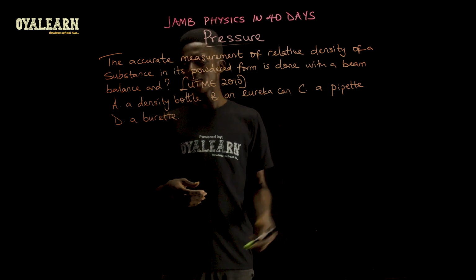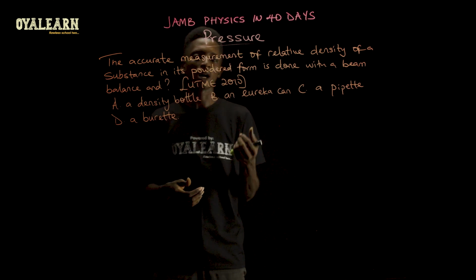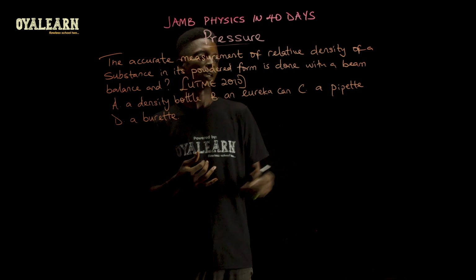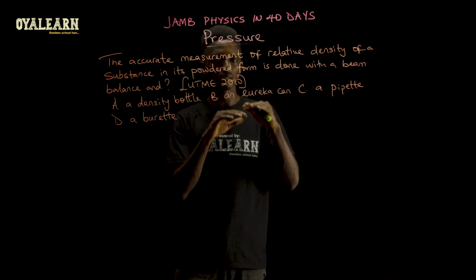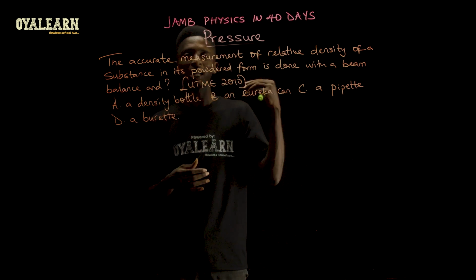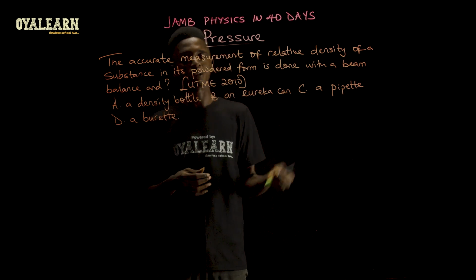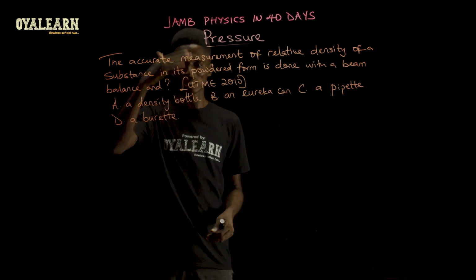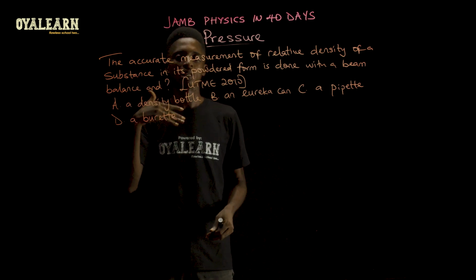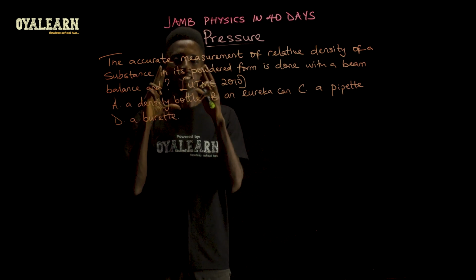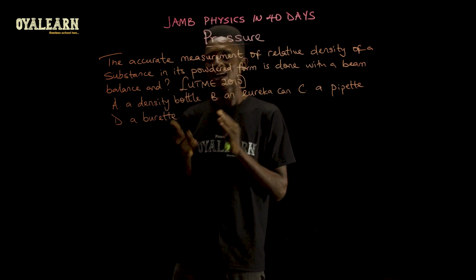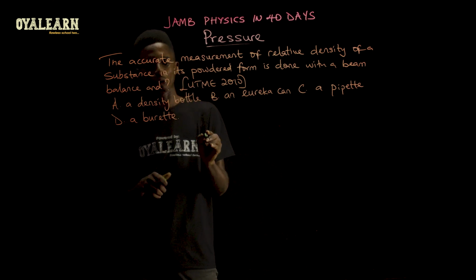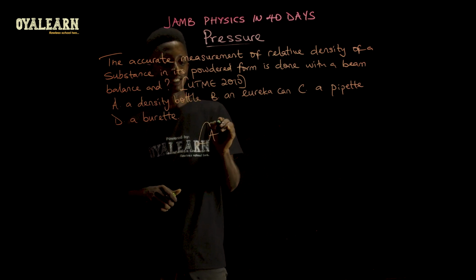For the pipette and then burette, we use them to measure volumes of liquids, like when you're doing your titration. A pipette has its own measurement already. It can be the 20 cm cube or the 25 cm cube pipette. But for the burette, it is graduated, so you can easily measure any volume you want as long as it is within the range that that particular burette has. So of all these options, the only correct one is option A, a density bottle.